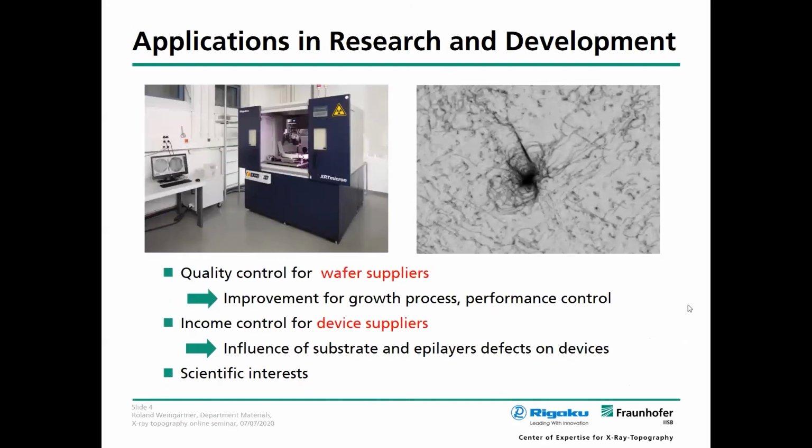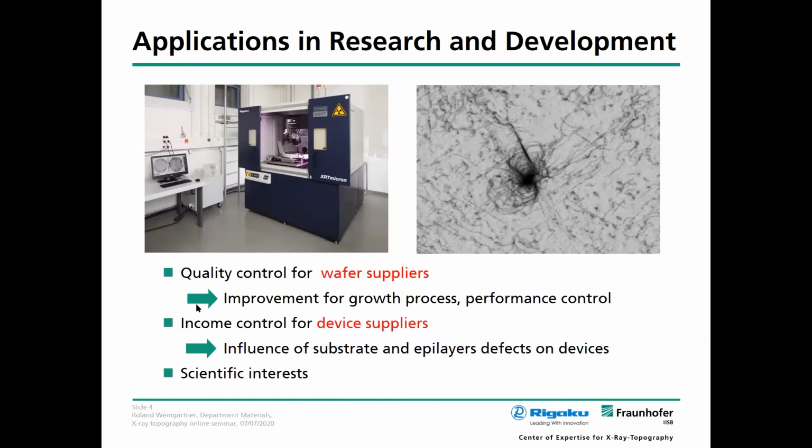Therefore, the clients typically are, for instance, wafer suppliers or device suppliers, which may use the equipment for quality control. The wafer suppliers are interested, for instance, in improvement of the growth process, and also to have performance control feedback to the growth process. They may also provide a specification sheet to the client.